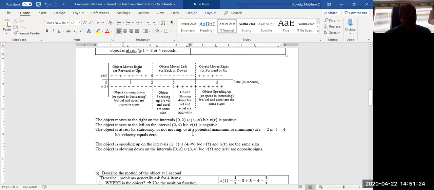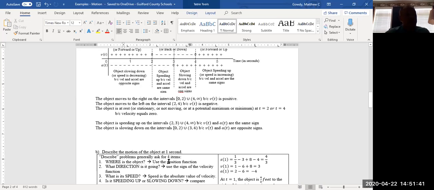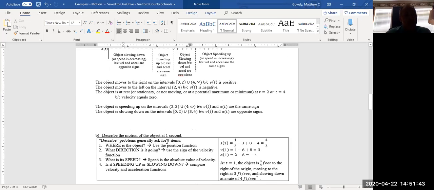Now, taking those same concepts, they may ask you to describe the motion of the object at a specific moment in time. So if we were to freeze frame, what is the object doing? So really, they generally want 4 things in that description. Where is the object? That means what's its position.